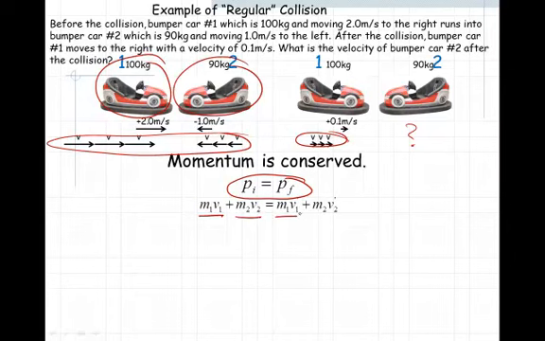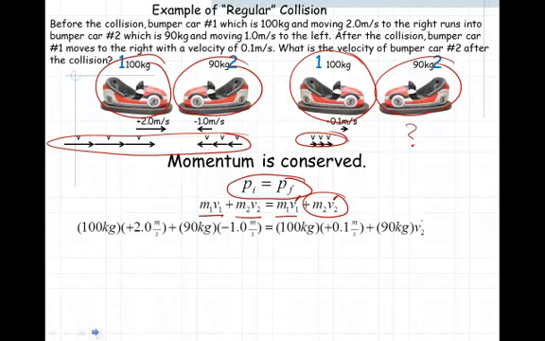This is m1 v1 for bumper car number 1 after the collision, m2 v2 for bumper car number 2 after the collision. Now, you may not be able to see this in the video, but there are little lines there that denote that that's v1 prime and v2 prime for the velocities after the collision, right? Notice that the masses before the collision are the same as the masses after the collision.